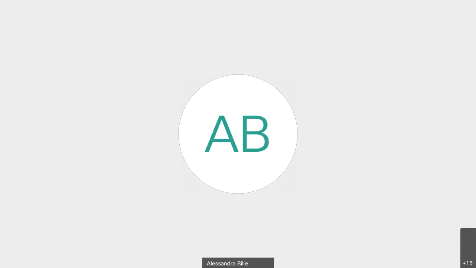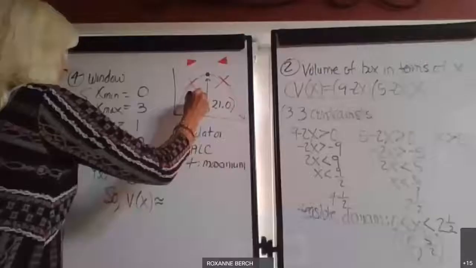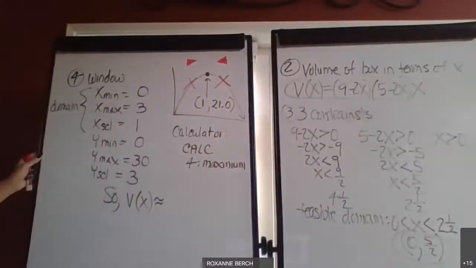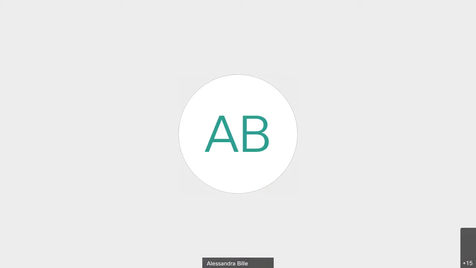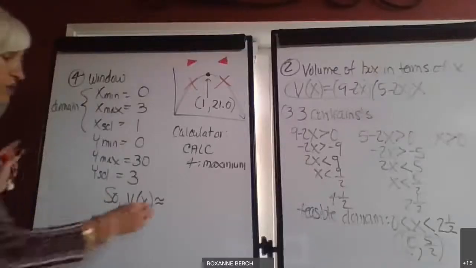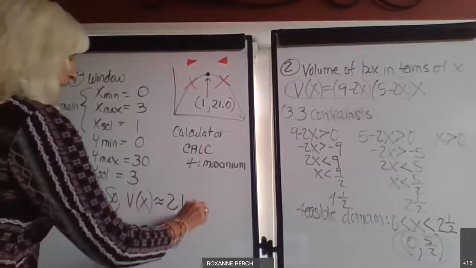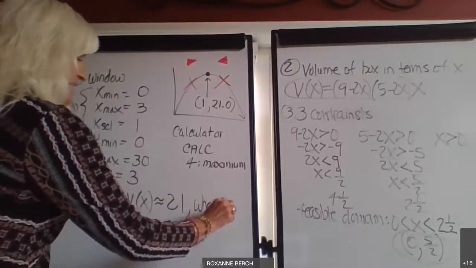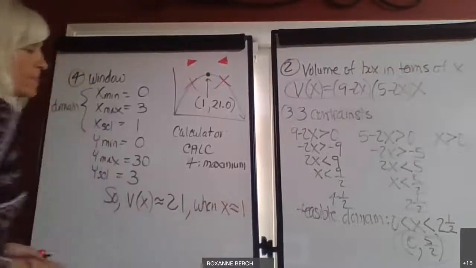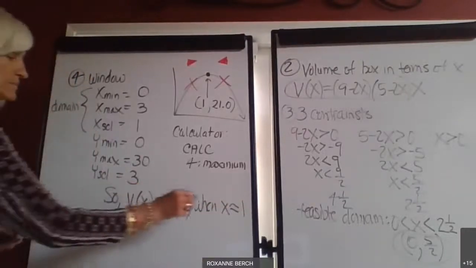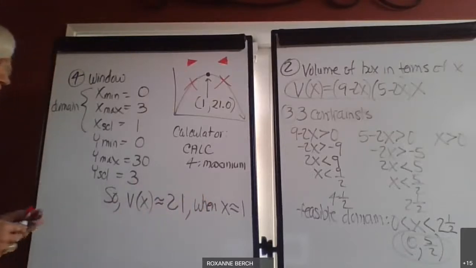And what's the X value? 1.0316. Okay, so here's what we found. We found out that the volume is 21 when X is about 1. And so what does that mean?